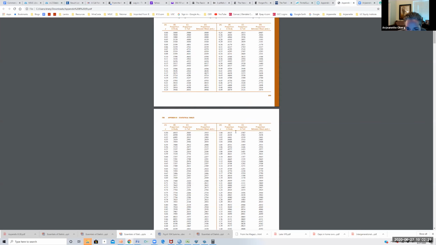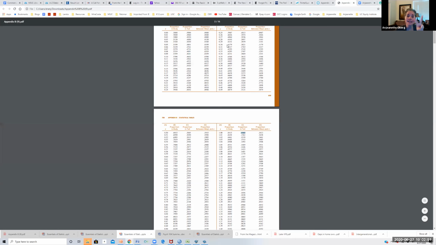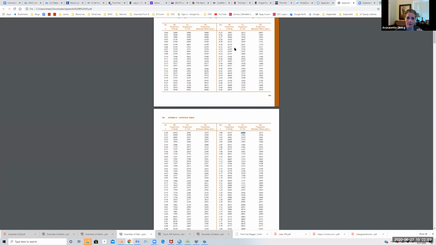If I cut the pie right at a z-score of 1, then 84.13% of the pie is in the body and 0.1587 is in the tail. If I add those, 0.8413 plus 0.1587, it equals 1, 100% of the pie. So columns B and C together total 100% of the pie.